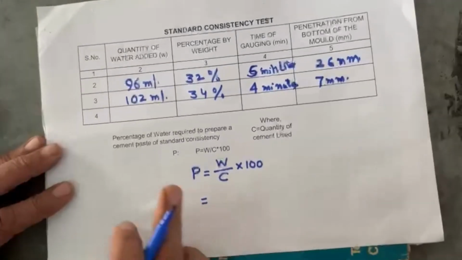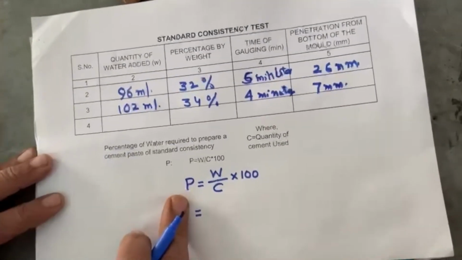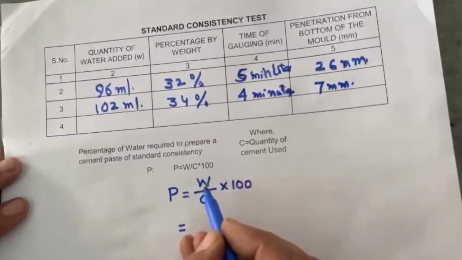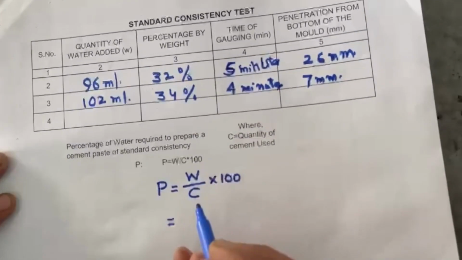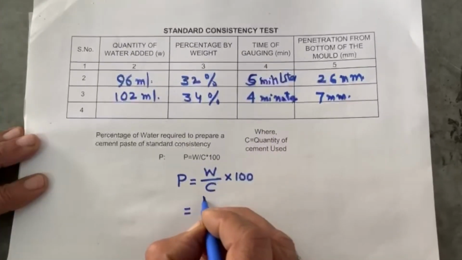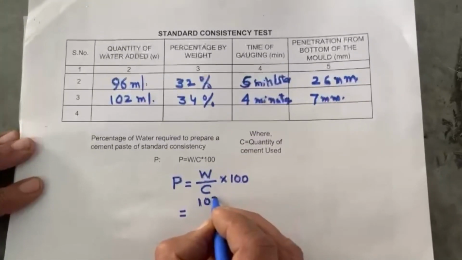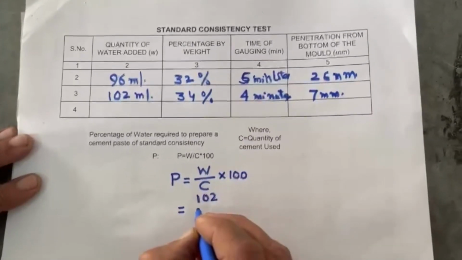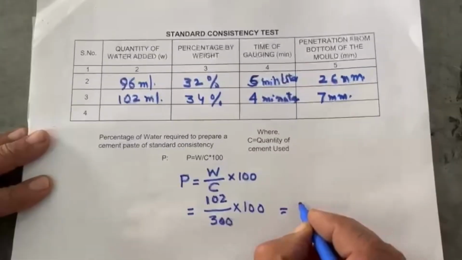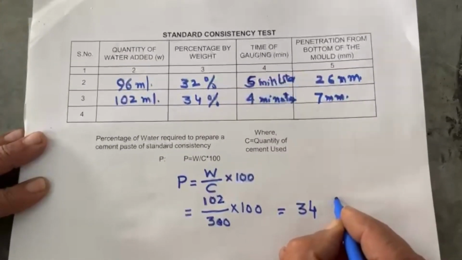So we can calculate this. P is the symbol for consistency of cement. W is the weight of water added. C is the weight of cement. So we added 102 grams, or ml, of water to 300 grams of cement, which is 34%.